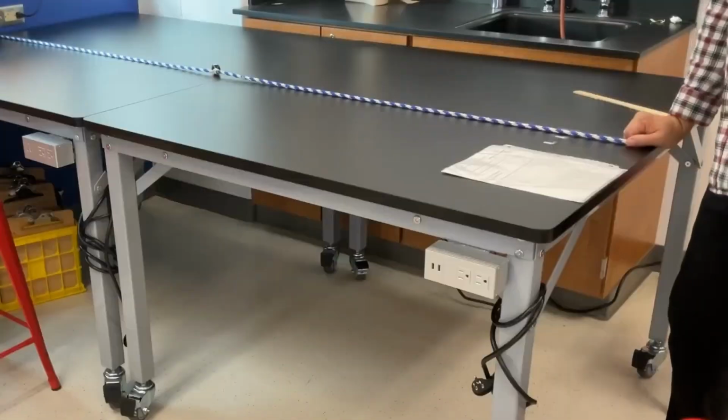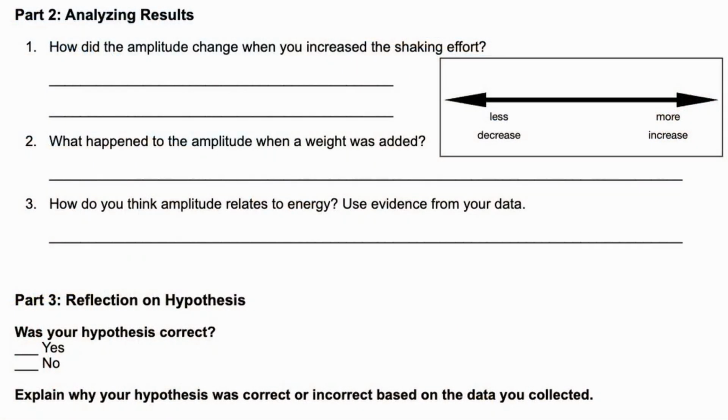All right, so part 2, third page actually, part 2, analyzing results. How did the amplitude change when you increased the shaking effort? So in complete sentences, look back at the data from when you made your waves and think about that. How did the amplitude change when you increased the shaking effort? And remember, I started with high effort and then I decreased.